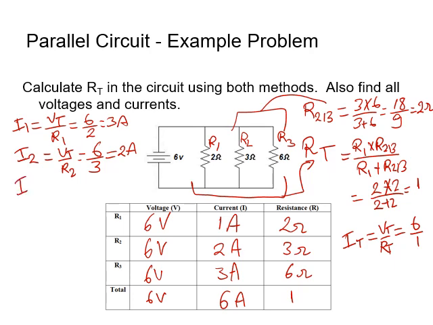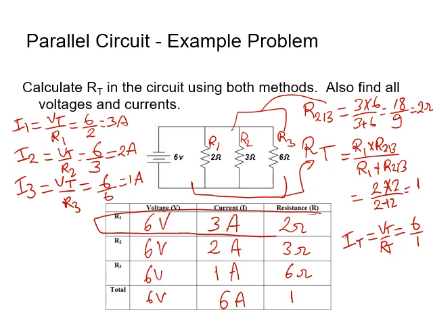Or we can just redo it: I3 is equal to V total divided by R3, which is 6 divided by 6, giving us 1 amp. Oh, I didn't put them in the right order, I apologize. These are flipped. So these are 3 amps here, 2 amps here, and 1 amp here. The smallest resistor carries the largest current, and the largest resistor carries the smallest current.